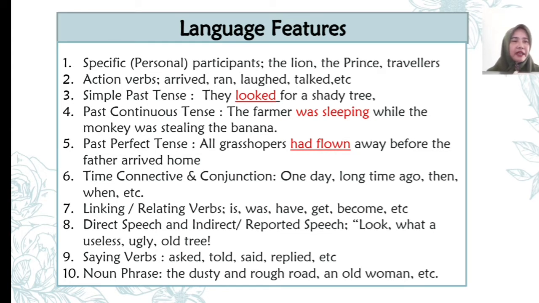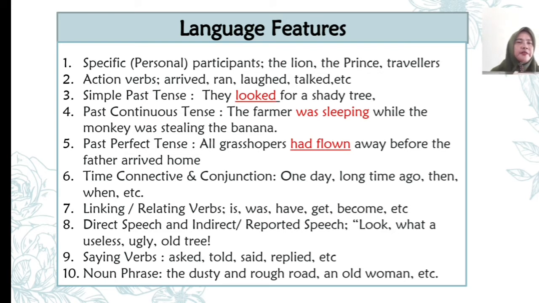Terutama misalnya dalam kalimat langsungnya. Nah, kalimat yang diucapkan oleh tokoh dalam cerita tersebut bisa saja berbentuk simple present ya. Namun sebagian besar tensesnya berbentuk simple past. Dalam hal ini contohnya, they looked for a shady tree. Jadi look itu verb two, ya, menunjukkan salah satu ciri-ciri kalimat simple past.